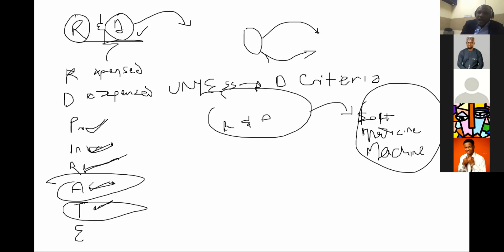Now, the ability to use or sell it is different from the technical ability to complete the project I'm developing. I've not made the software yet. I'm at this point, but I can see the software I want to make. Do I have the technical know-how to get to the point where the software is now a software? Or I'm producing a medicine.